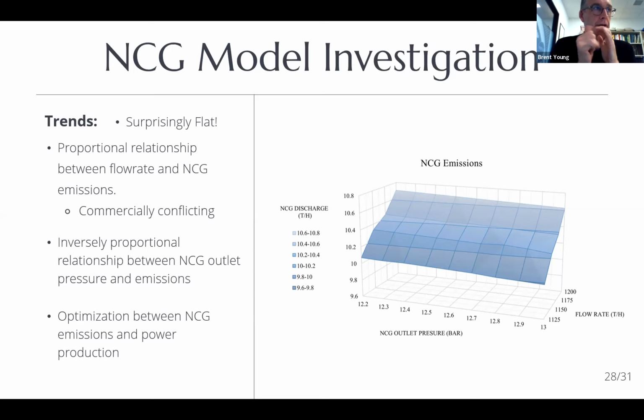There's not a lot of difference, but there is some difference. So there's some room for maneuver. There's obviously a proportional relationship between the flow rate and the gas emissions. This is commercially conflicting, so we need to bear that in mind. So there's a basis of an optimization here between emissions and power production.